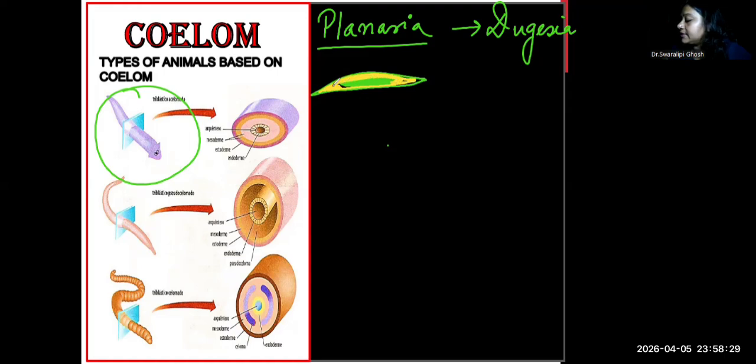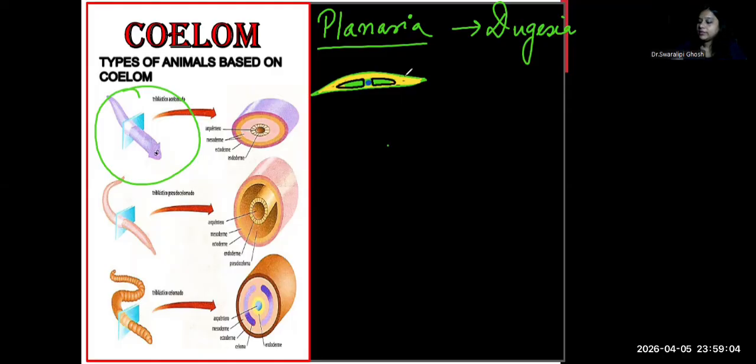And next, I'll draw over here that let this be the gut wall, lined by the endoderm. तो इनके बीच इधर में जो बॉडी कैविटी हो सकता था, वो पॉसिबल नहीं हो रहा है, because it is filled up with this particular parenchymatous tissue, which we also call the mesenchyma.